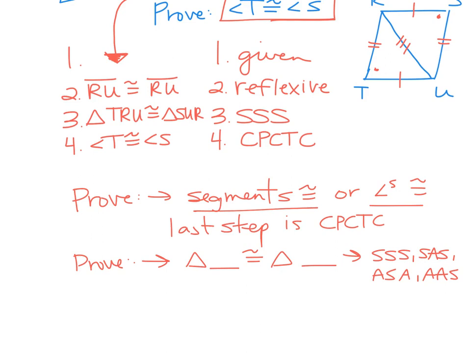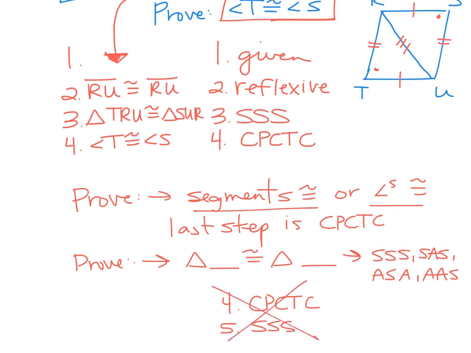Okay, CPCTC can never come before SSS, SAS, all of that. You have to prove triangles congruent first in order to use CPCTC. So it will never look like this: CPCTC is step 4 and step 5 is SSS. That just will not happen.